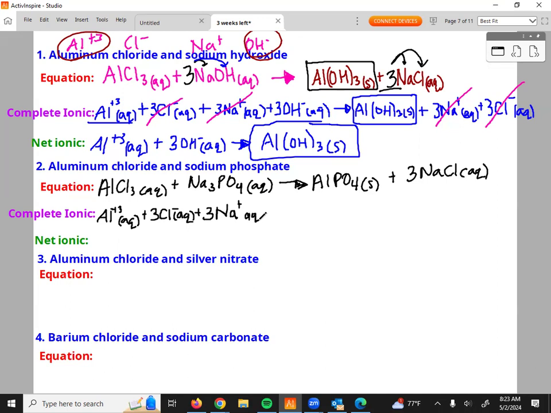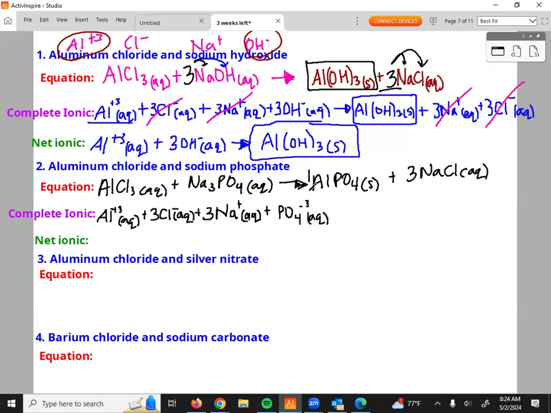What about the next one? PO4. Remember PO4 is, I can't show it here, but you probably wrote it up here. You probably wrote PO4 -3. So you have it up there, okay? -3 aq.